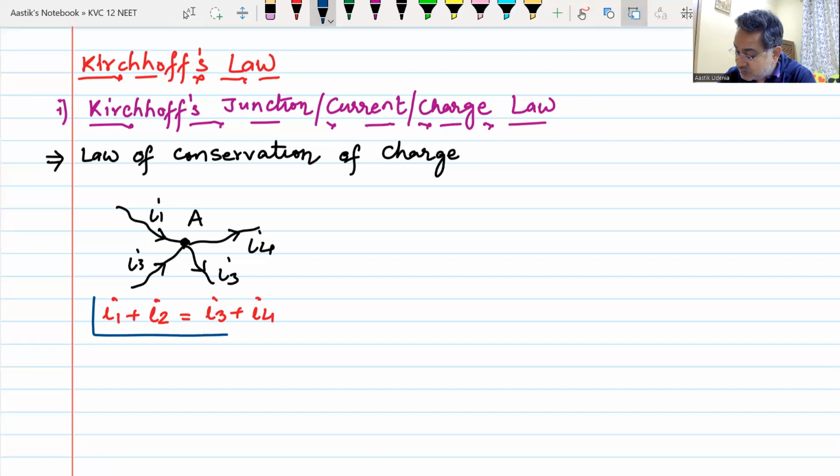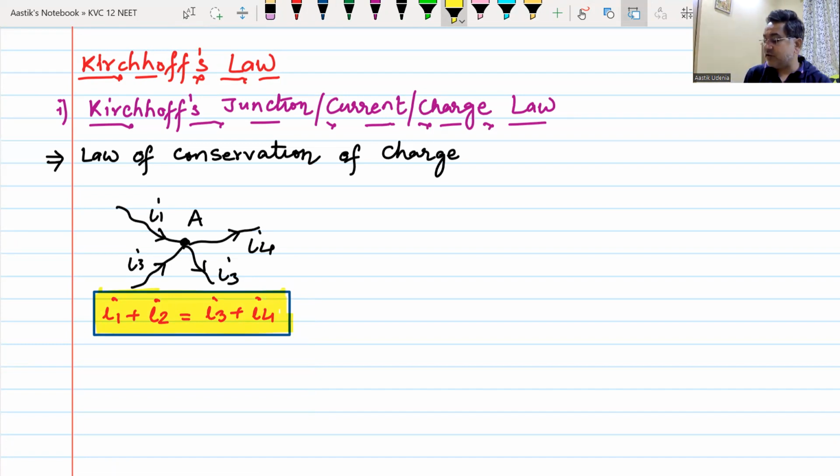This small statement is known as Kirchhoff's current law or Kirchhoff's junction law or Kirchhoff's charge law, because you can also write it in this way.